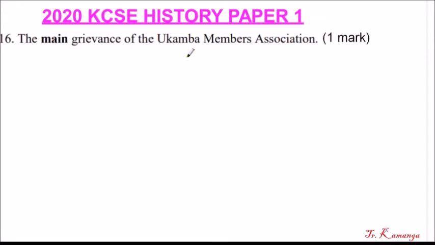Question number 16. The main grievance of the Ukamba Member Association. This was a party of the Kamba people. What was their grievance?